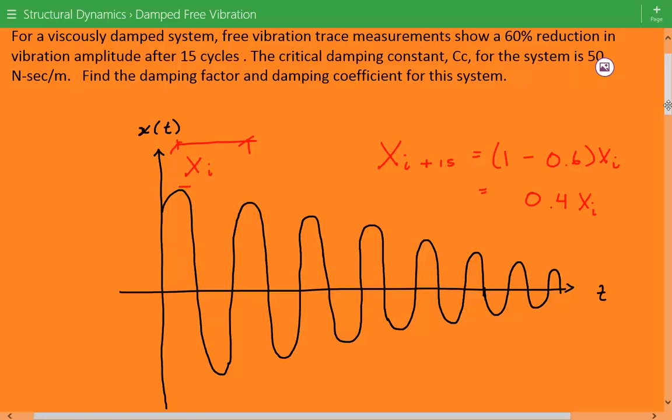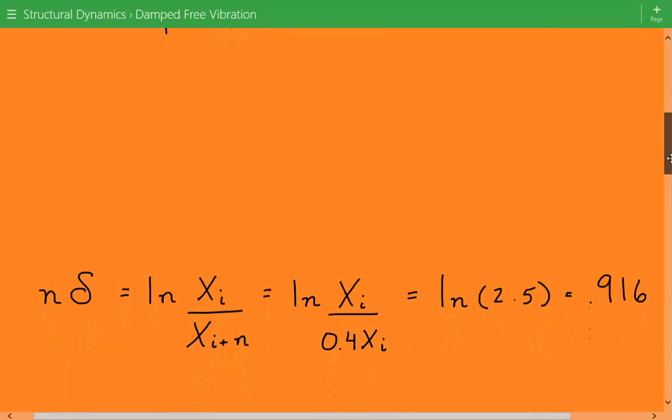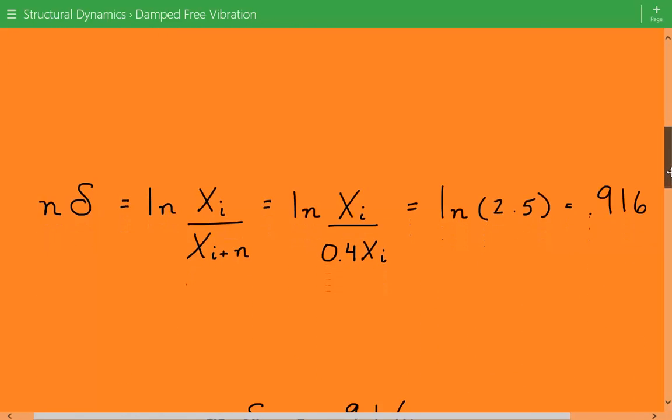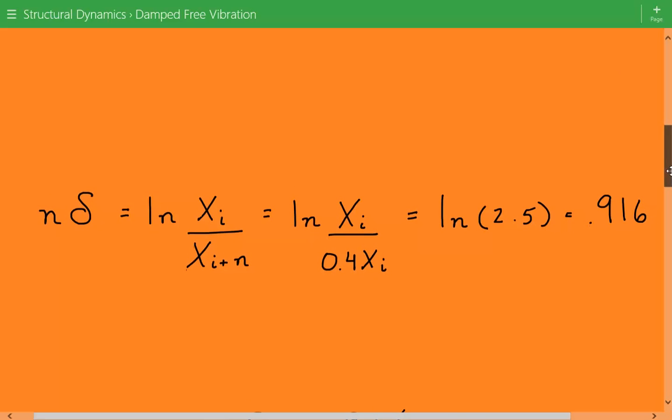And now coming back to our damped free vibration problem. The first equation we're going to use is this relationship: n times delta equals the natural log of the ratio of the vibration amplitudes. So n is the number of cycles, delta is the logarithmic decrement, and that equals the natural log of xi divided by xi plus n.